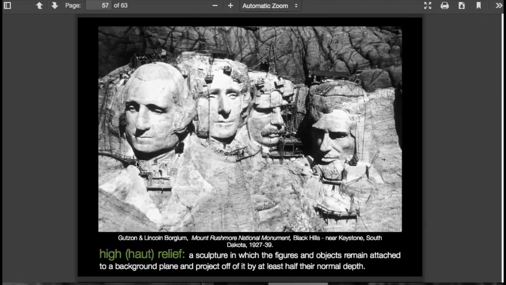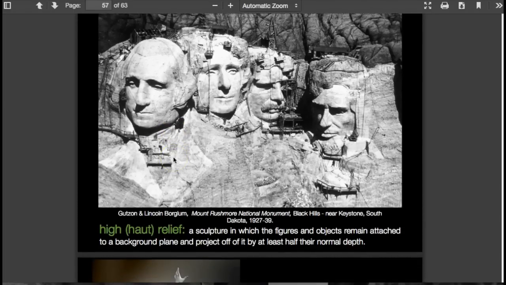And a fun fact about Mount Rushmore, it was actually never finished. It was originally meant to have their torsos as well, and you can actually see Washington's shoulder here and the lapels of his coat. And so they were all supposed to be kind of from the waist up, but it just was never finished. It was incredibly expensive.